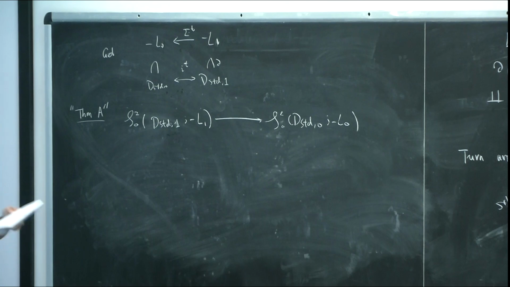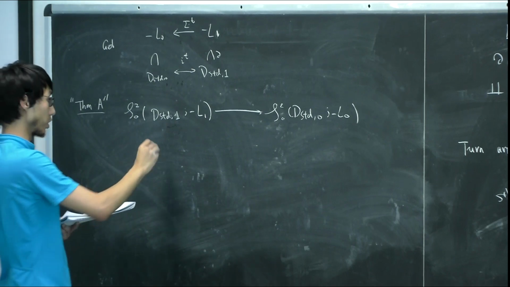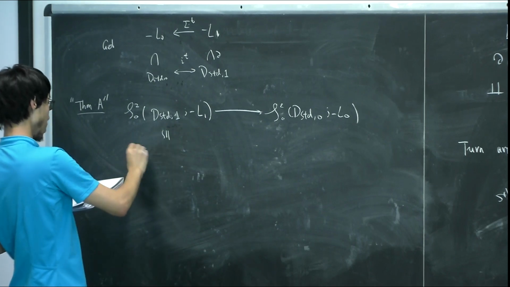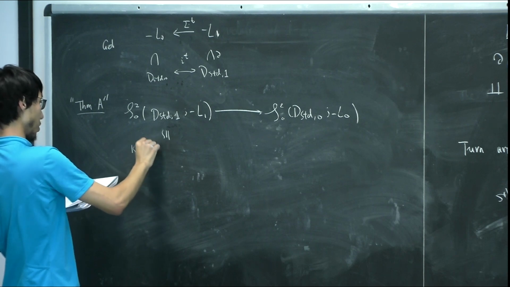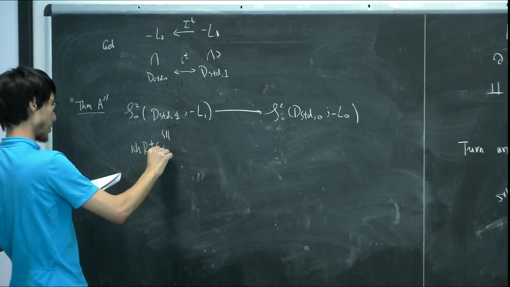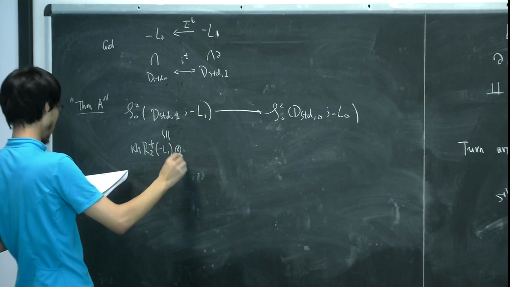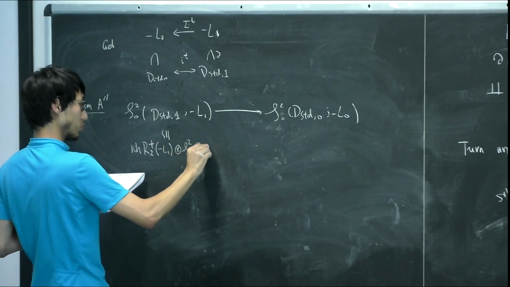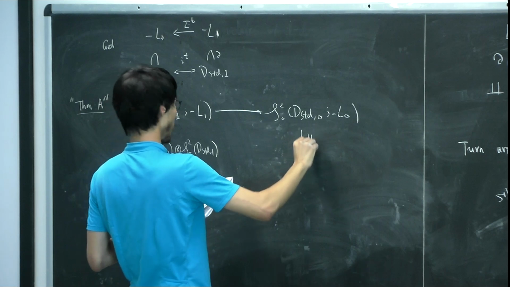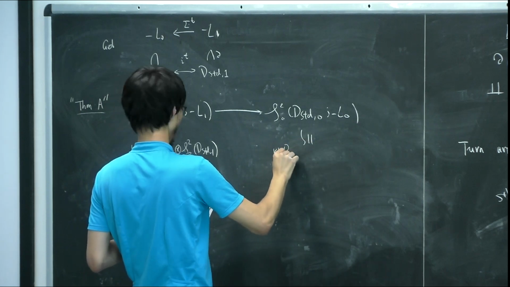But on the other hand, by Ian and Manisa, we know there is this isomorphism saying that this is more or less recovering the Rozansky-Willis homology. And similarly for the other side.